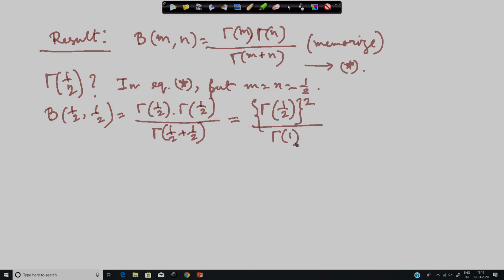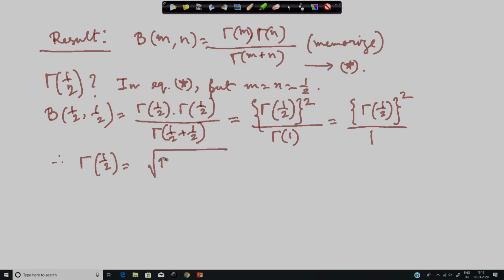But we know that gamma 1 is 1. Therefore, gamma half is root over beta half half. Now, what about beta half half?